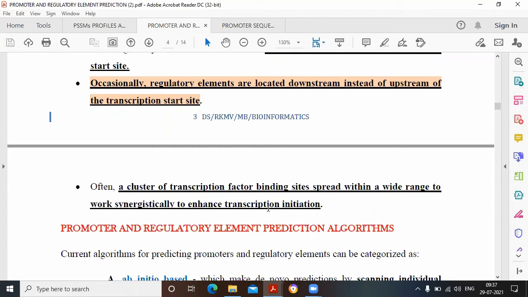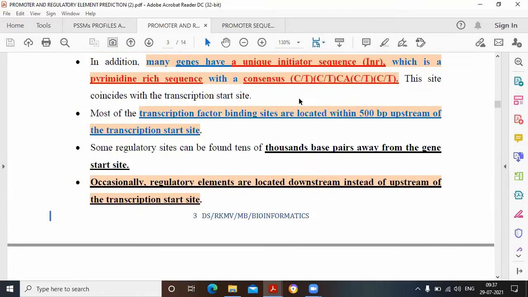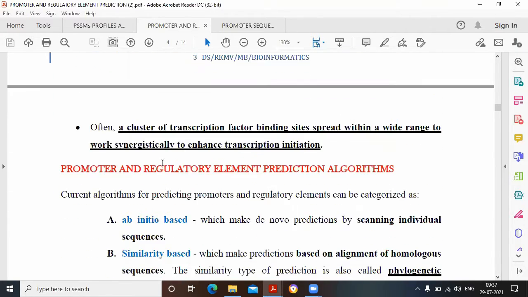This clustering approach is very important, so you are able to understand the normal molecular mechanism: how and where the regulatory sequences will be, what kind of sequences must be present in both prokaryotic and eukaryotic systems with respect to the gene, and how the sequences vary for the eukaryotic system. Now I'll talk about what kinds of algorithms we use for predicting these sequences with respect to the gene.